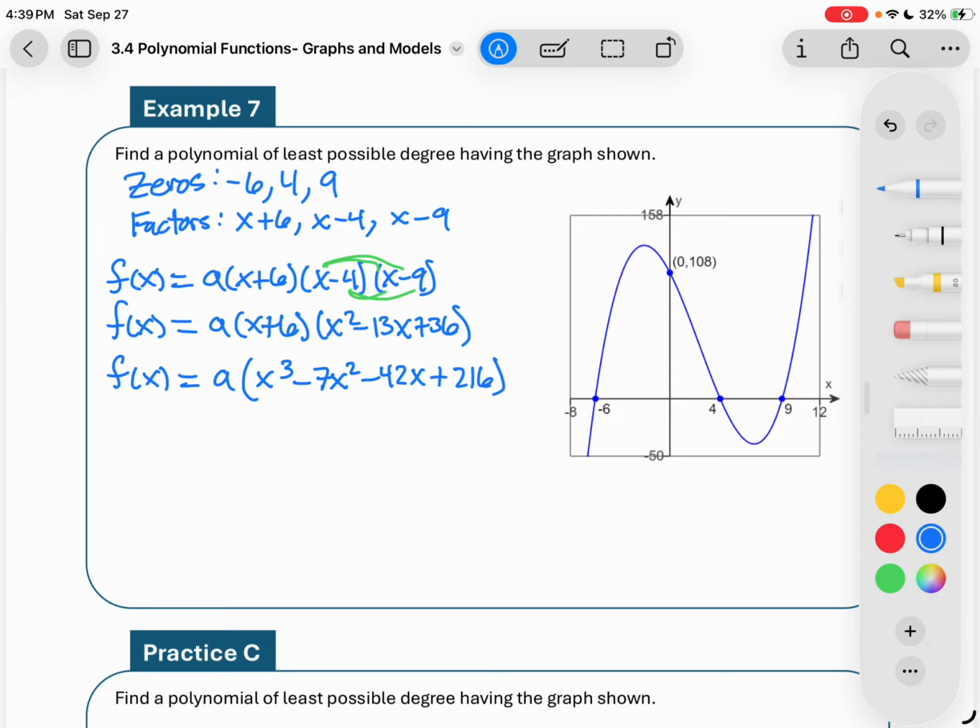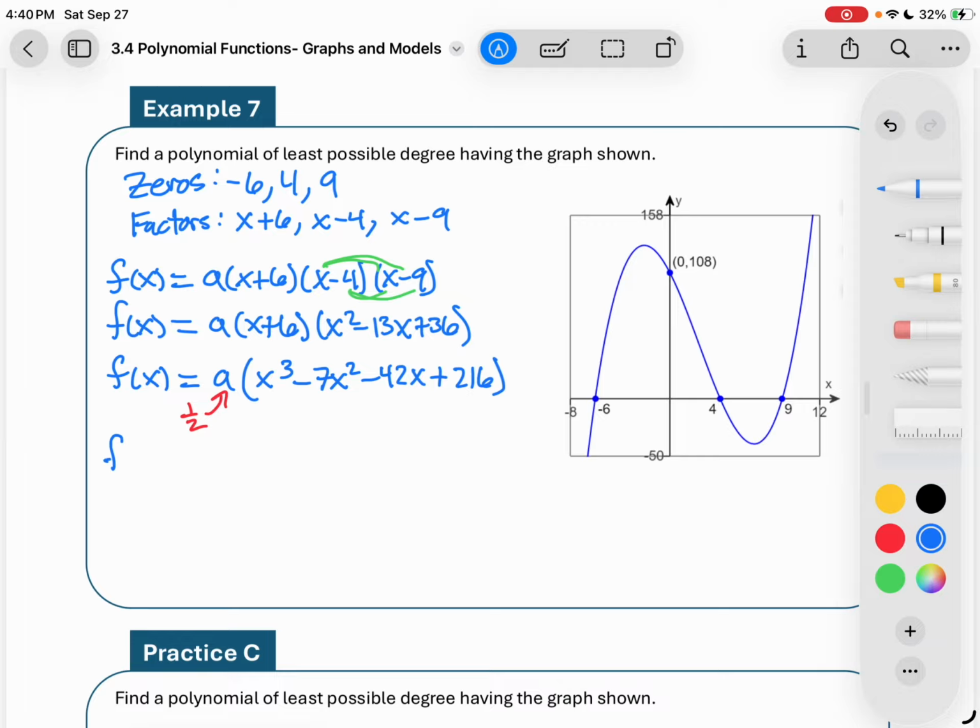So what would we have to do? What stretch do we need in order to get it to 108? Well, 108 is half of 216. So that means that A has got to be 1/2. That would bring down the y-intercept from 216 to 108.